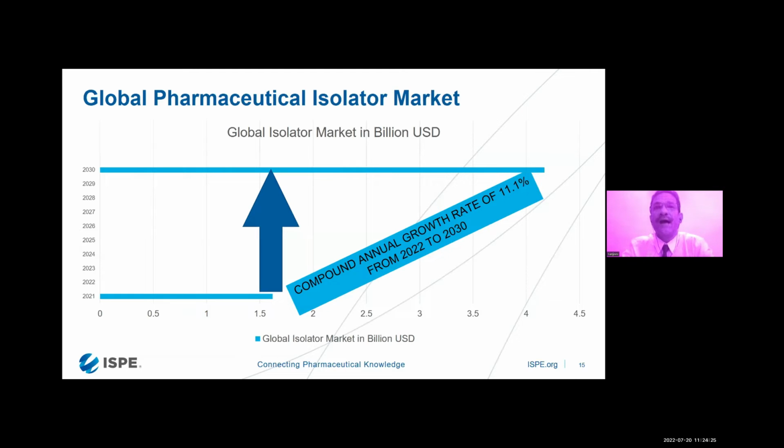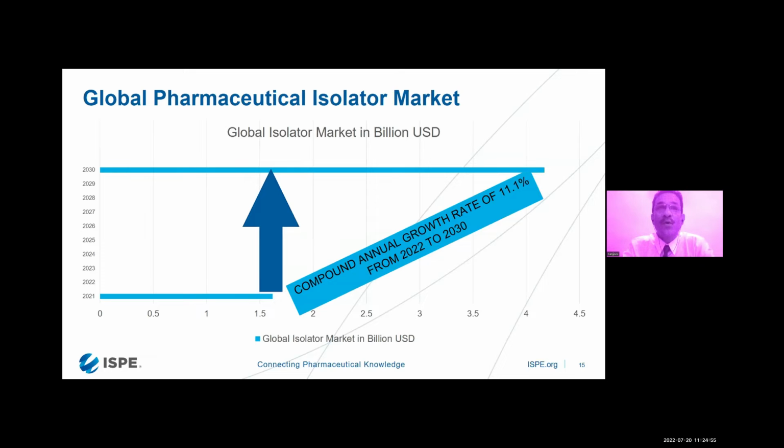If you look at the isolator from the 1980s, in the initial stages there were very few installations of isolators because they were very expensive. Companies were going for the rigid access barrier system, or RABS, trying to have a proper separation between the operator and the critical work areas.